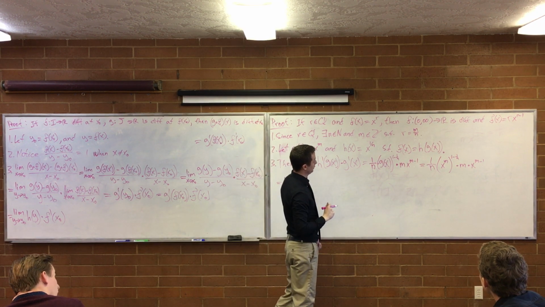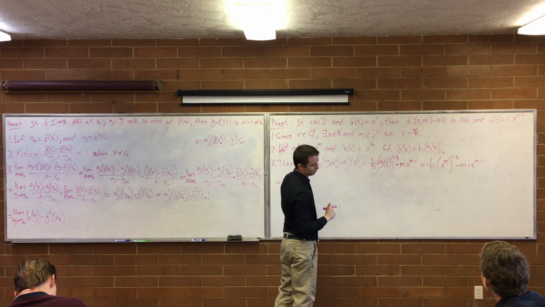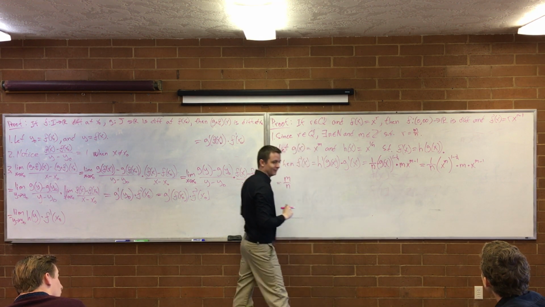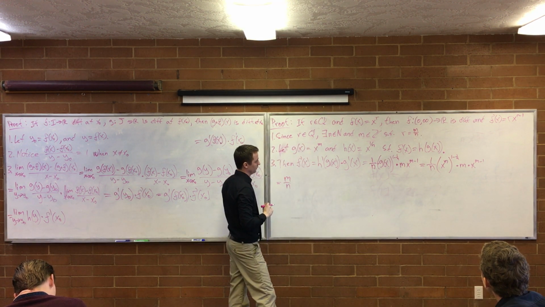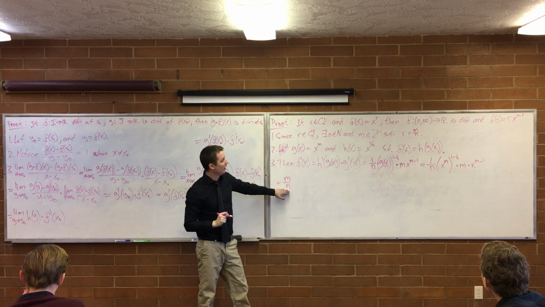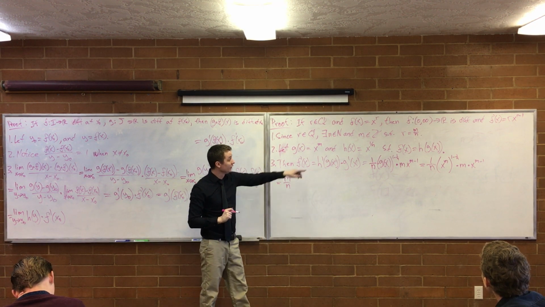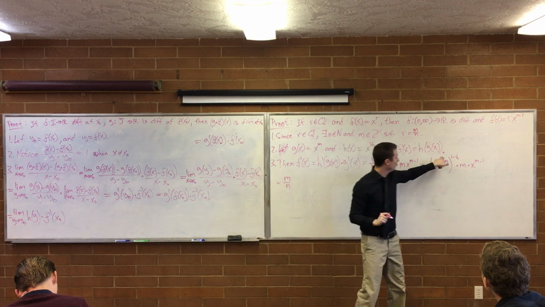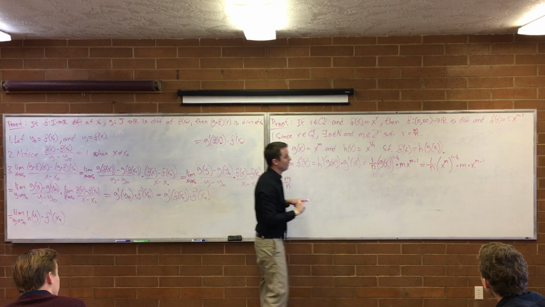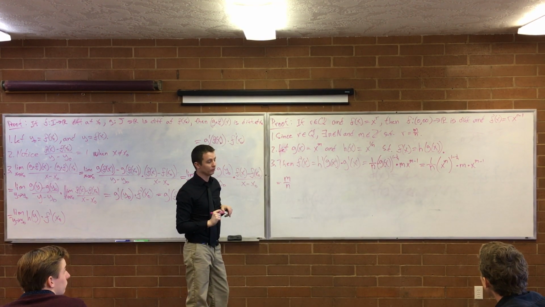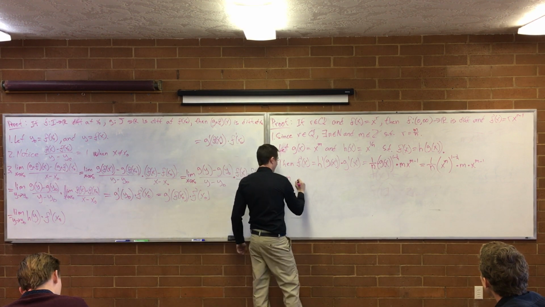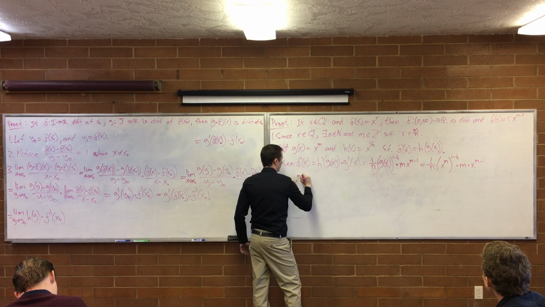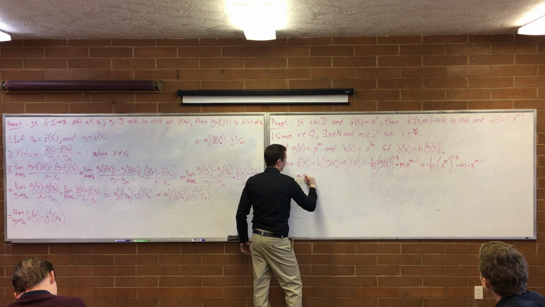x to the m. Yeah, we could have done this with the quotient rule, which is what I'm pretty sure I did last time. Anyways, let's see. x to the m. Remember, you're going to multiply. That's going to be m minus m over n. So we have x to the m minus m over n.